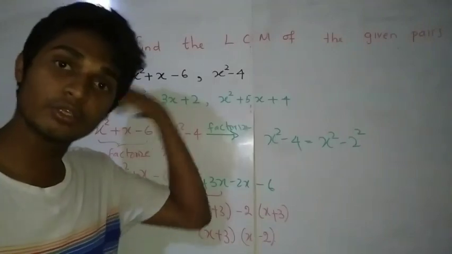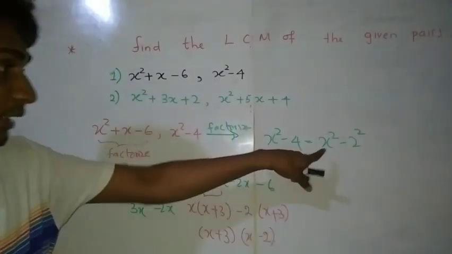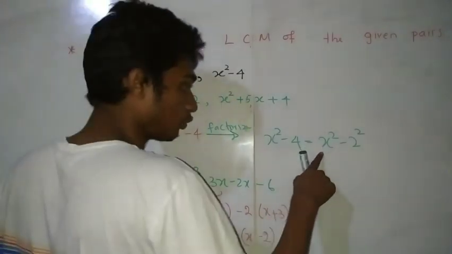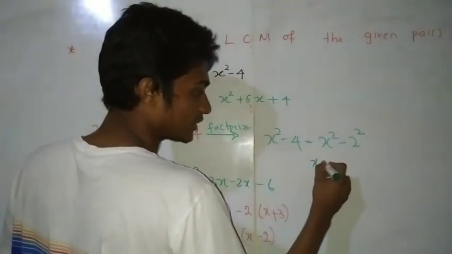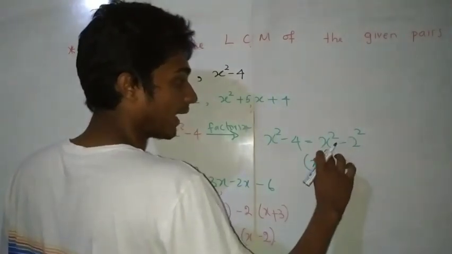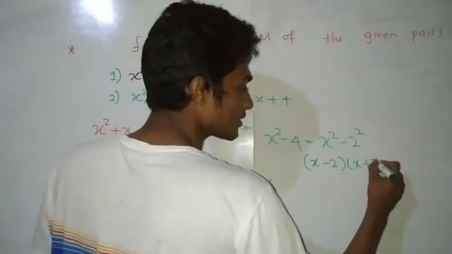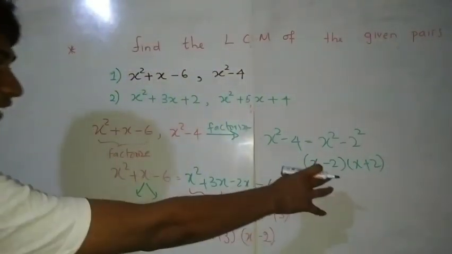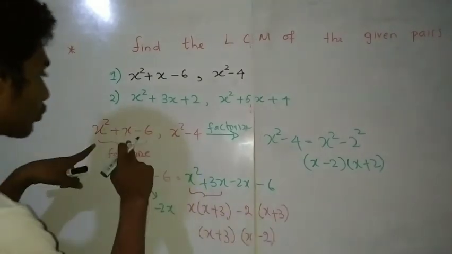Look at the last two videos of quadratic equations, so you understand how to deal with the difference of two squares. So you subtract this 2 from x to get x minus 2, and add x and 2, so you will have x plus 2 separately. These are the factors of x squared minus 4, and these are the factors of x squared plus x minus 6.